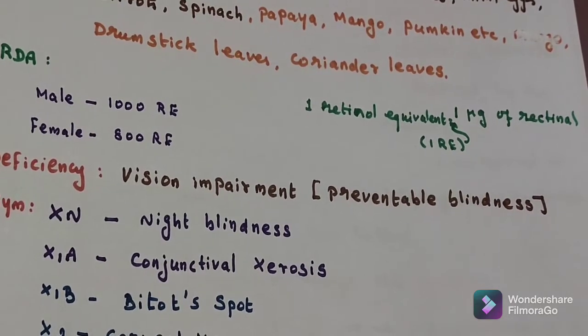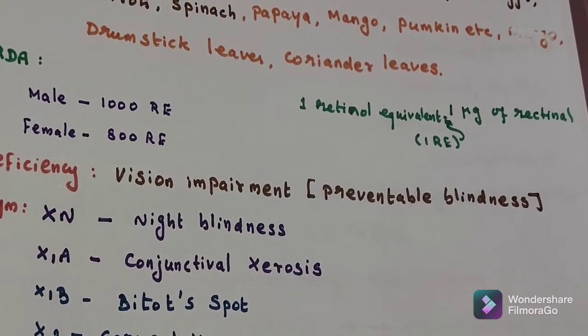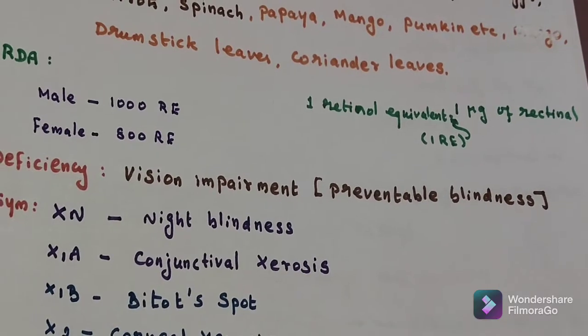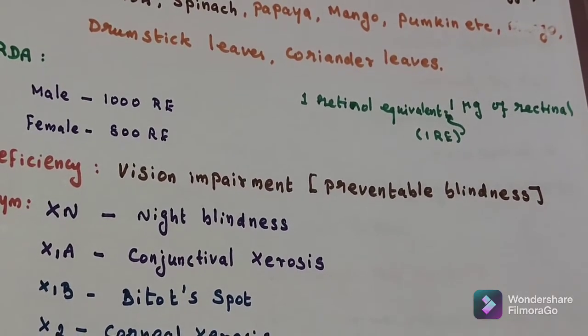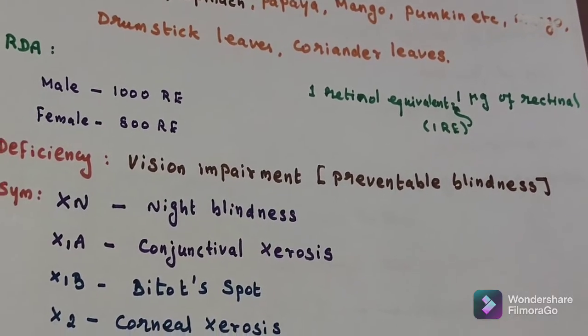One retinol equivalent is equal to 1 mg of retinol. Then female 800 retinol equivalent.